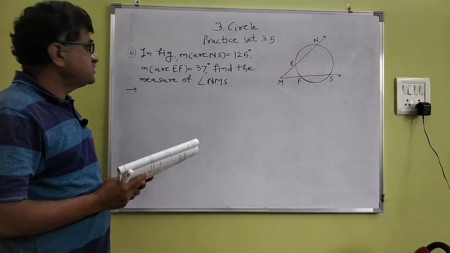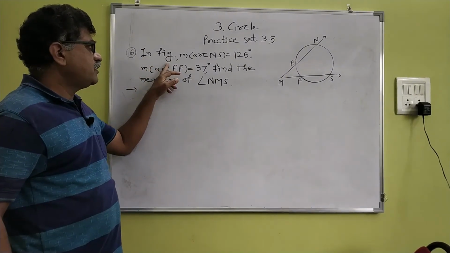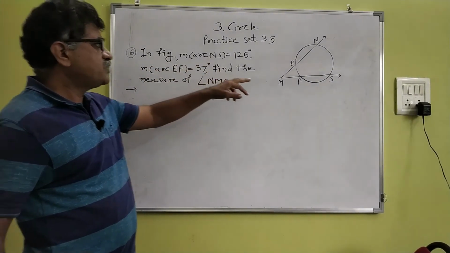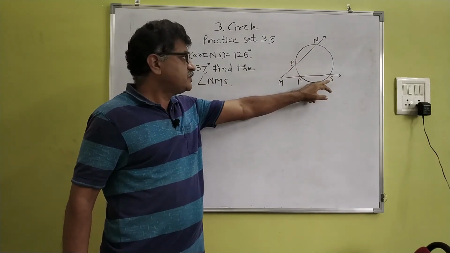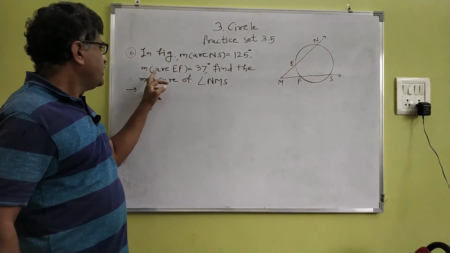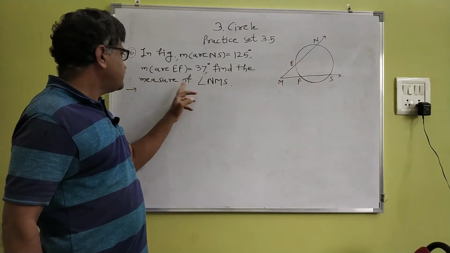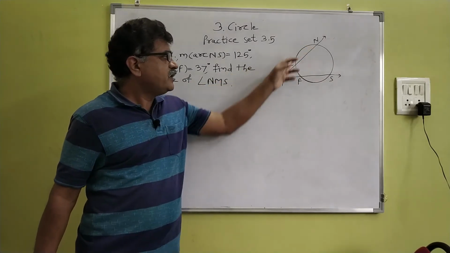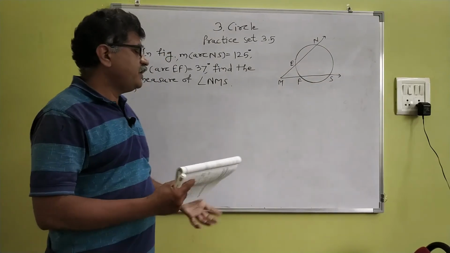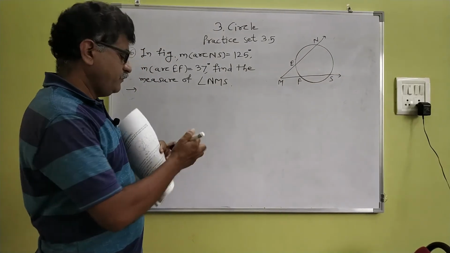Now question number 6. In the figure, measure of arc NES is 125 degrees. Measure of arc EF is 37. Find the measure of angle NMS. We have to find the value of this angle.